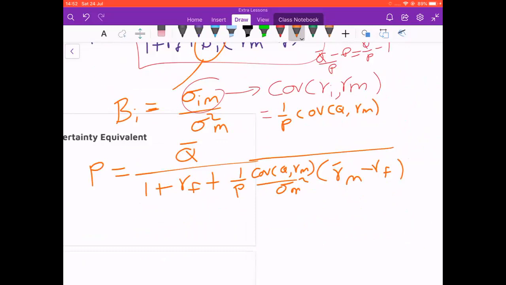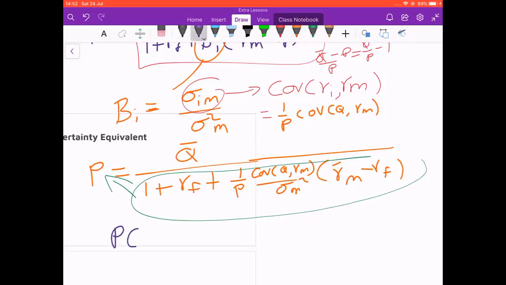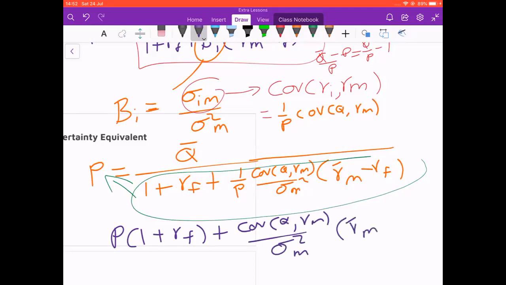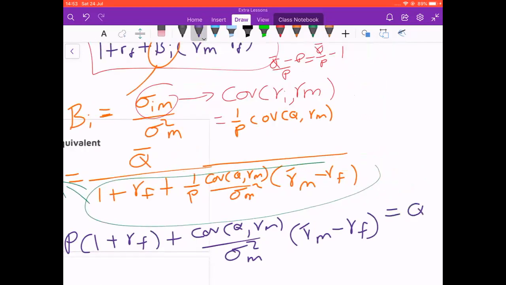So when you simplify this, you can take this thing to the other side and multiply it. Then you will have P times 1 plus RF plus the covariance of Q and the market over the variance of the market times the market return minus the risk-free rate equals Q.